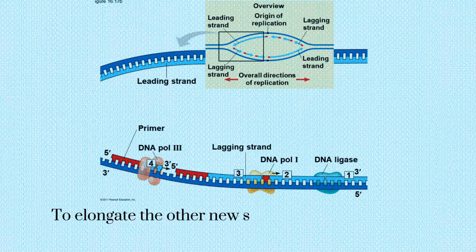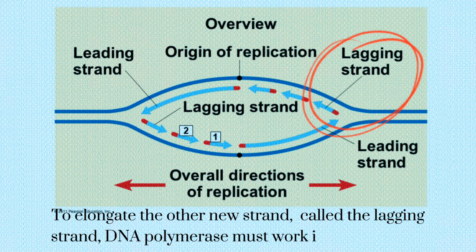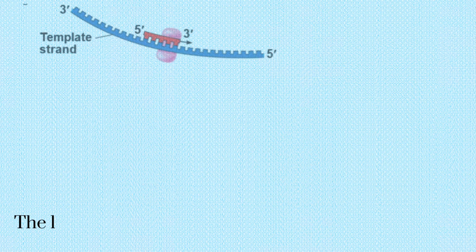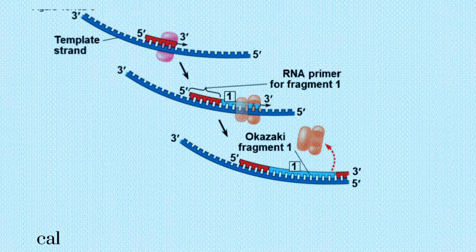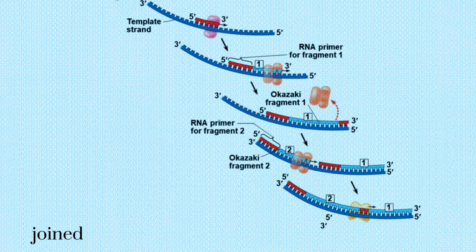To elongate the other new strand, called the lagging strand, DNA polymerase must work in the direction away from the replication fork. The lagging strand is synthesized as a series of segments called Okazaki fragments, which are joined together by DNA ligase.